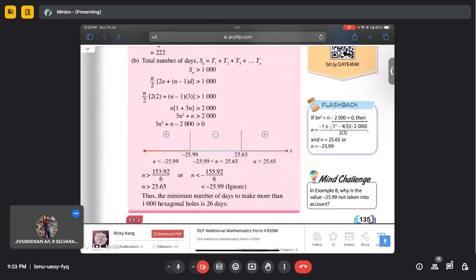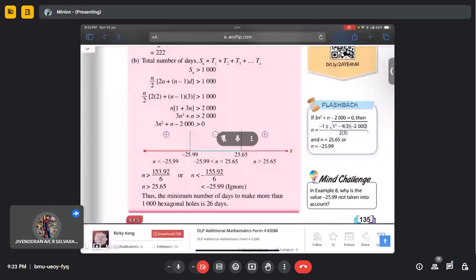Since it is more than, we get two values, which is n is more than 25.65 or n is less than negative 25.99. Since it's number of days, it can't be negative, so we'll ignore the n less than negative 25.99.